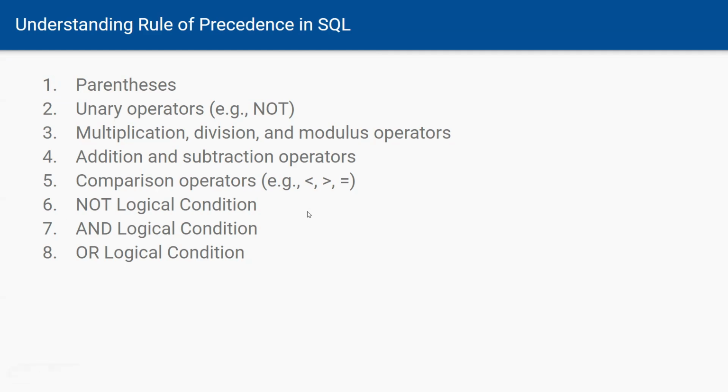The comparison is in our WHERE clause. We could have some operator first, like doing some multiplication before we start comparing values. And then we have NOT, then AND, and then OR.